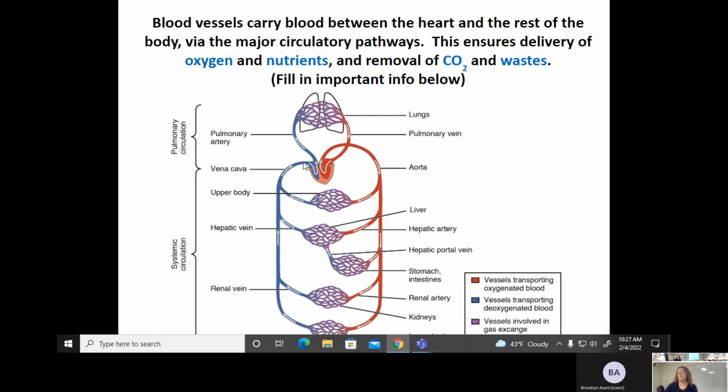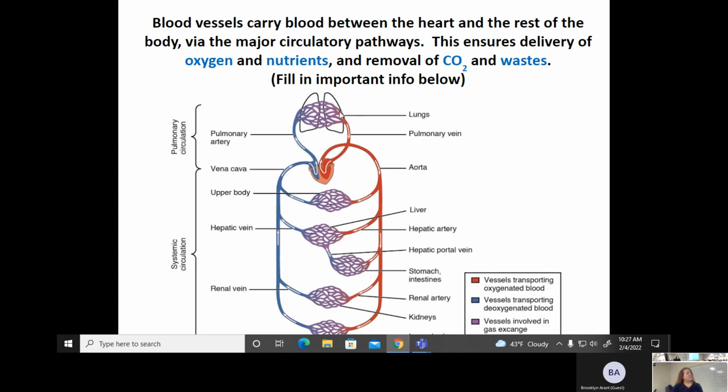So the heart's pumping the blood, it's moving through the vessels, so that we're delivering oxygen and various types of nutrients, which we'll learn about in the next unit, everywhere in the body. And at the same time, the blood is supposed to be carrying carbon dioxide and wastes from the body cells to let them leave in some way.